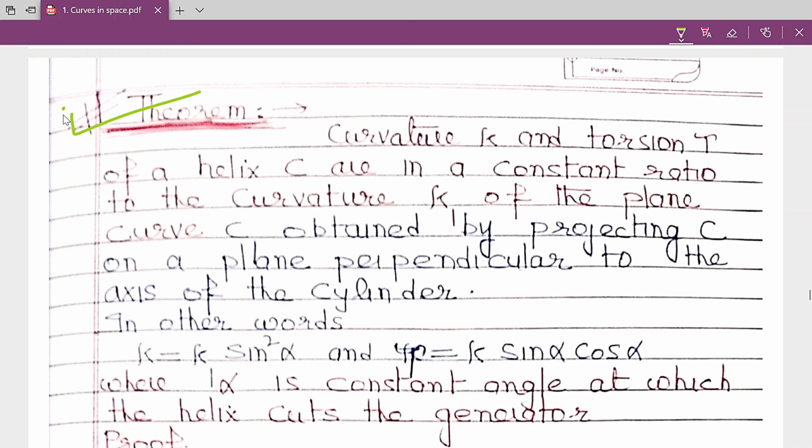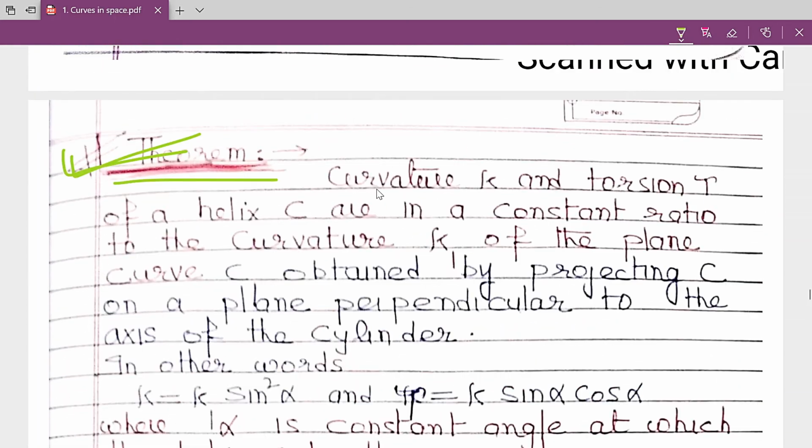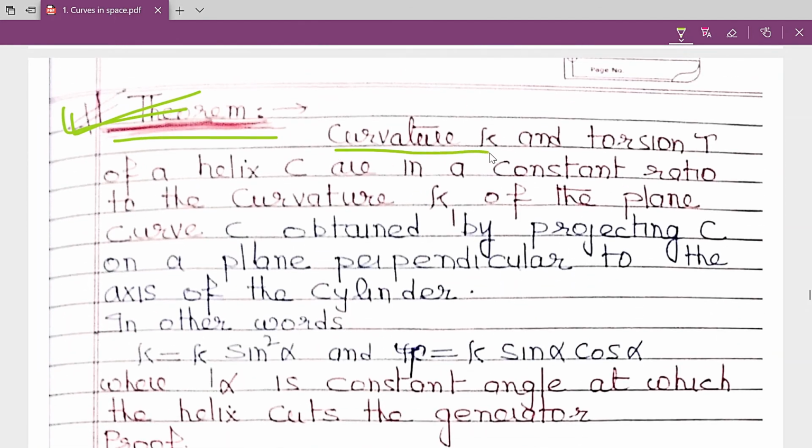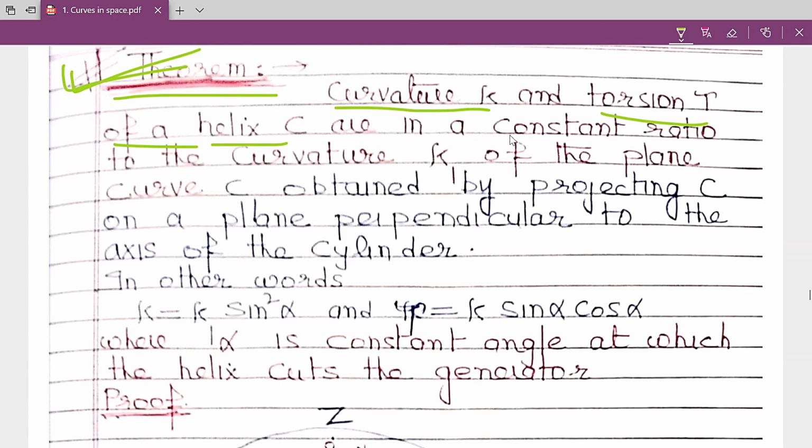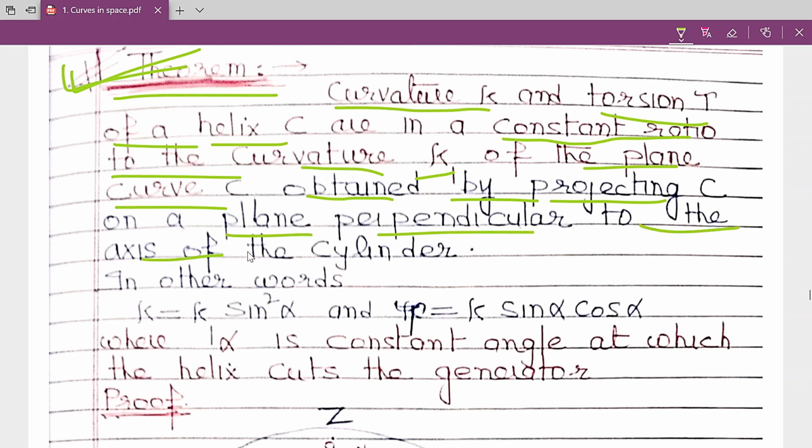Now the next theorem, which is a very important result: the curvature kappa and torsion tau of a helix, which we already know are in a constant ratio, are in a constant ratio to the curvature kappa 1 of the plane curve obtained by projecting C on a plane perpendicular to the axis of the cylinder.